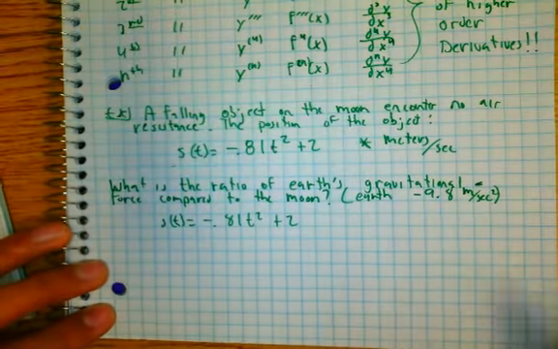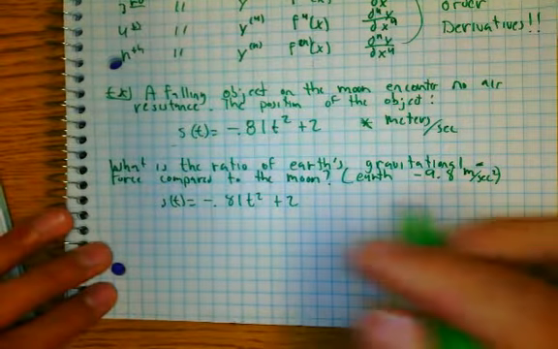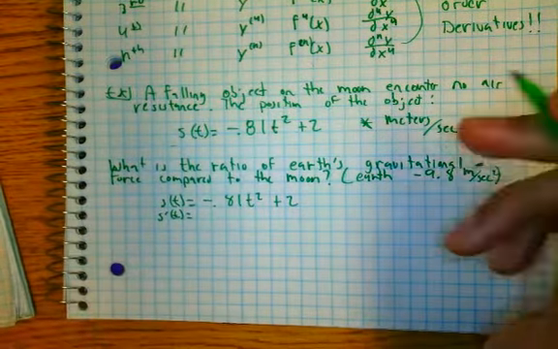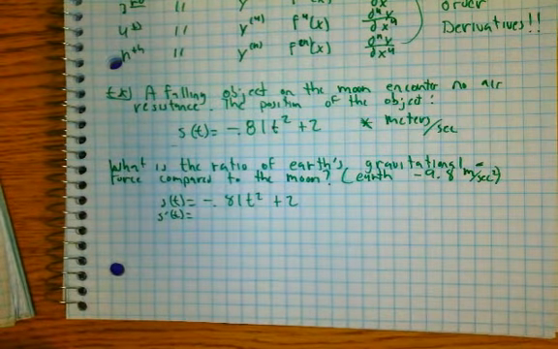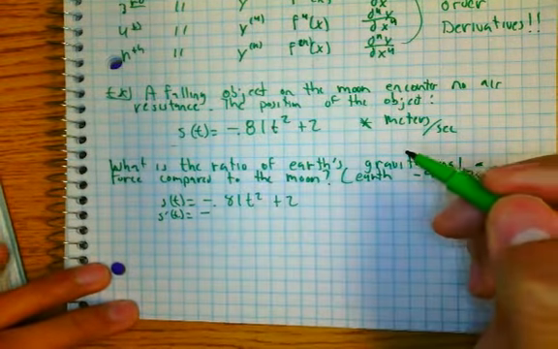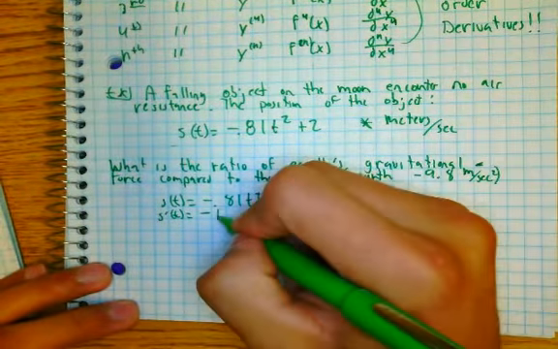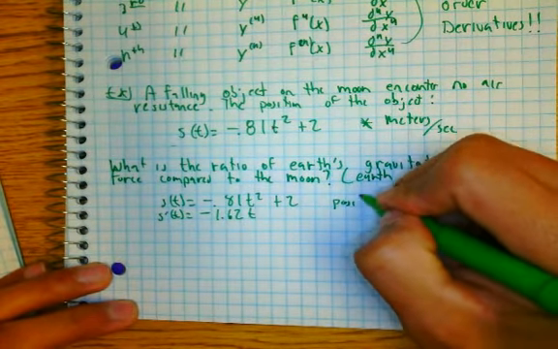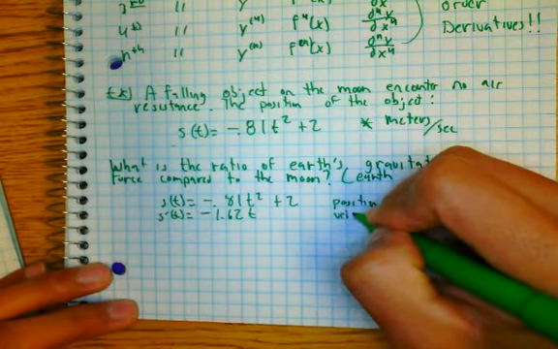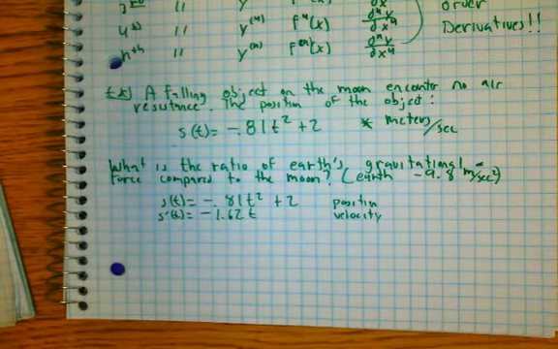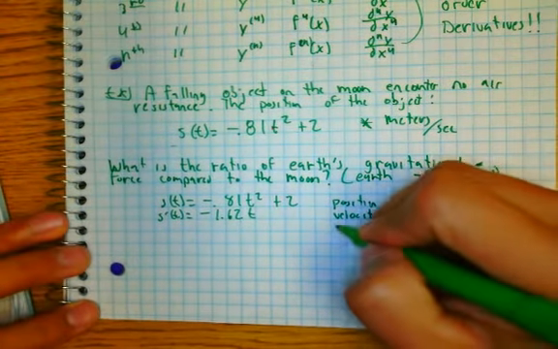Is that going to help us find the gravitational force? I need the acceleration, agreed? So that means I need to take another derivative. So it becomes 1.62, right? The position was in meters, and this is meters per second, which means this is meters per second squared. Agreed?